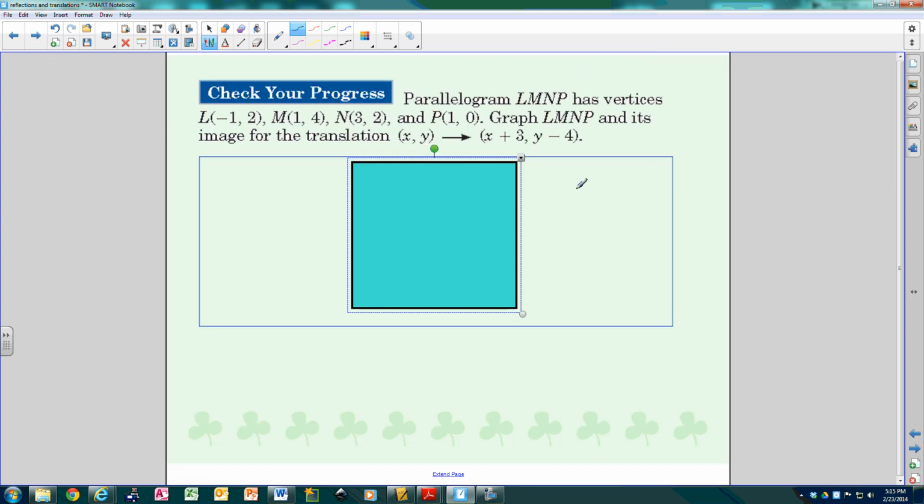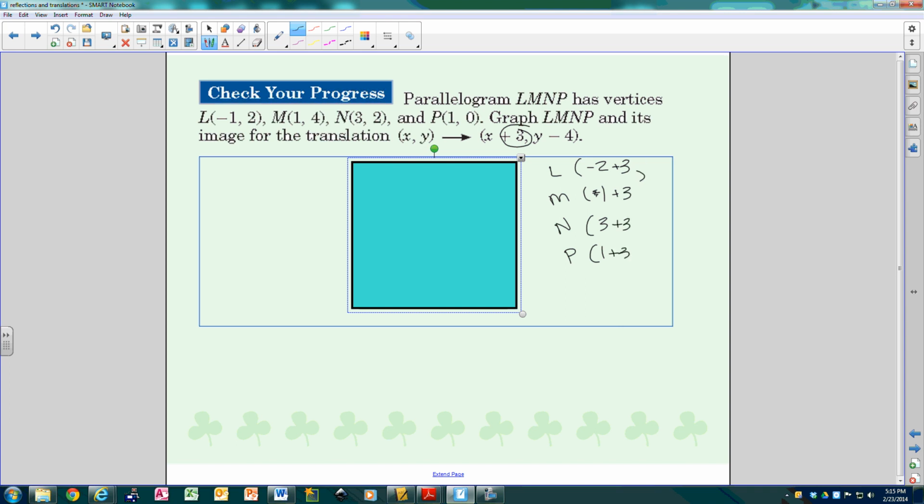Okay, so let's try it with this one. So what I'm going to do is I've got L, M, N, and P, and I'm going to write down -1, and I'm going to write down, oops, that's a 1, that's a 3, and P is 1, and they want me to add 3 to all the x values. So I'm going to add 3 to all of my x values.